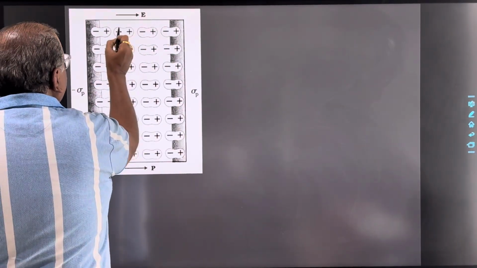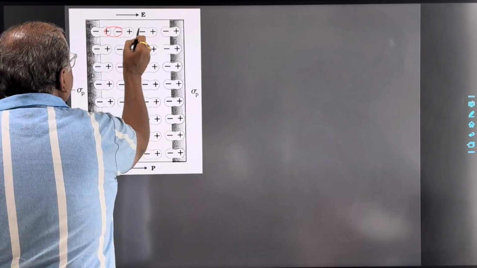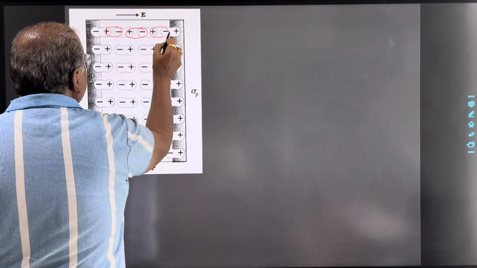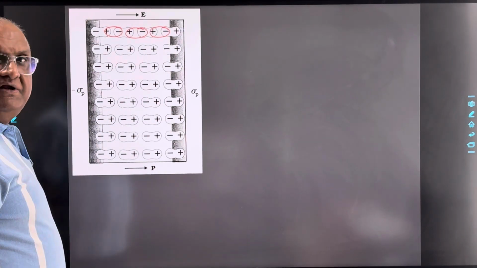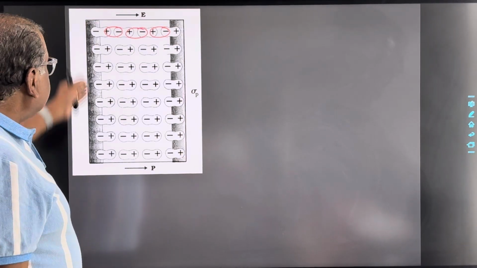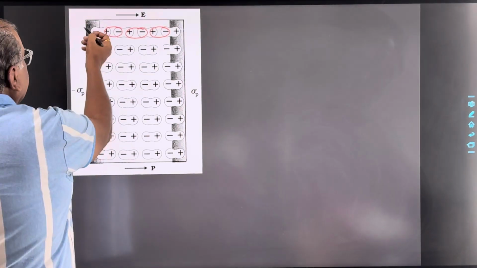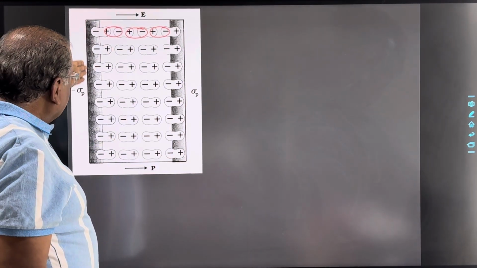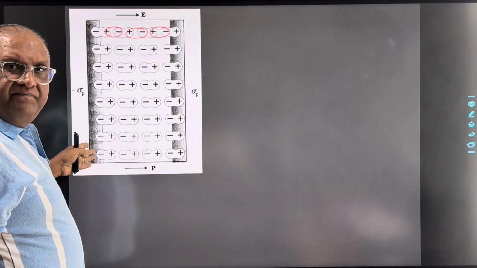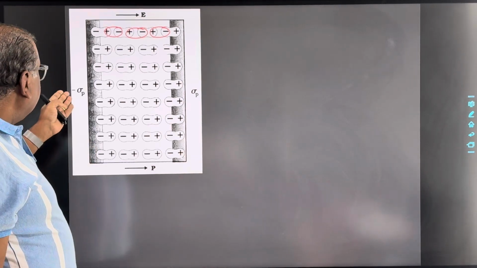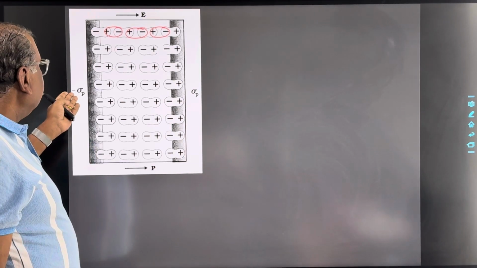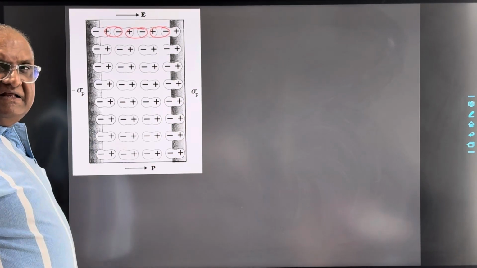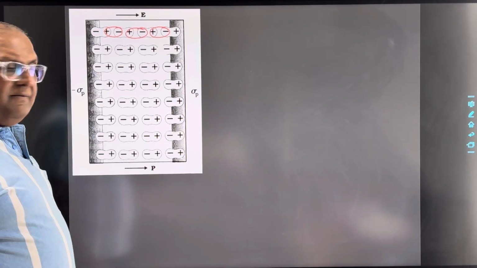Now here what happens? This positive and negative, this positive and negative, this positive and negative will nullify each other. So in this particular case, here at this particular surface, some net negative charge will be induced. Here we can say this surface charge density is minus sigma p.